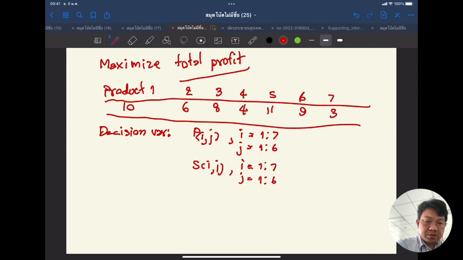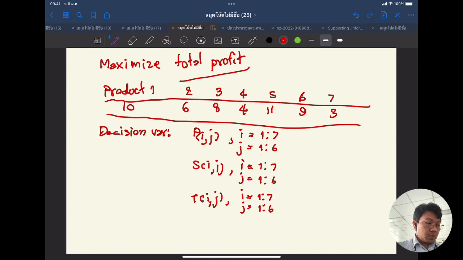What else do we have? We have a storage. Let me use T. Tij is the stock of each product at the beginning of each month, again I is 1 to 7, J is 1 to 6.